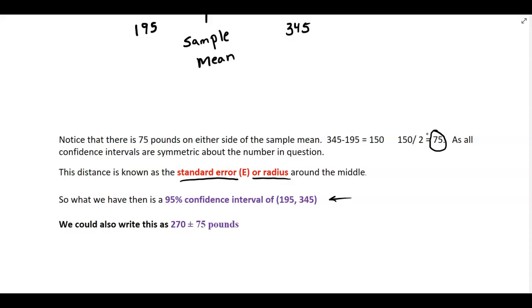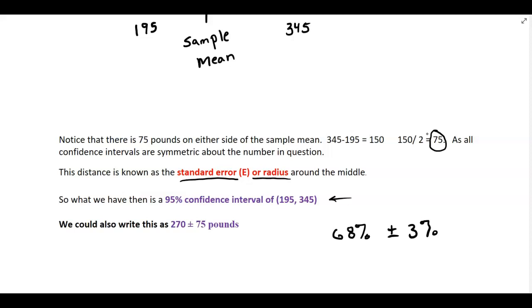And I'm sure we've all seen on some ad or something like that, a presidential candidate has 68% of the vote in a certain state, and then they'll put a plus or minus 3% on either side of that. Well, they're basically giving you a confidence interval. They estimate that 68% of the people are going to vote for candidate Bush, plus or minus 3%. That's their confidence interval.